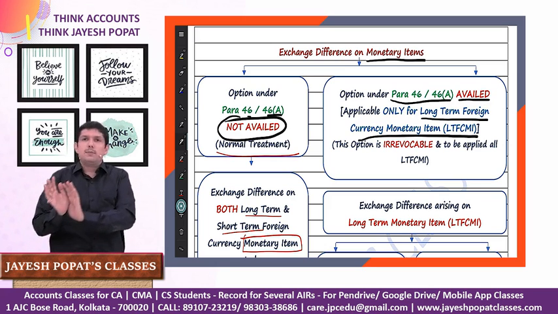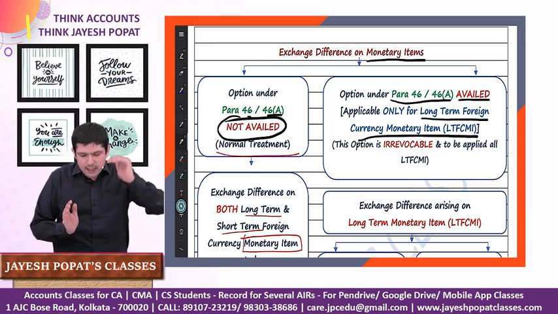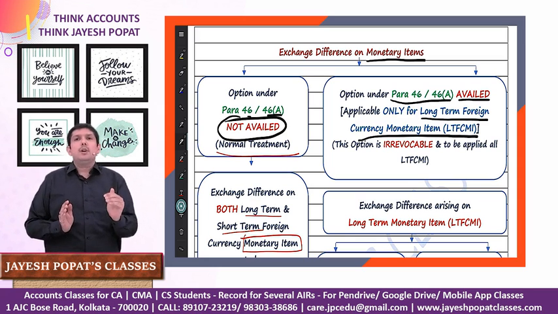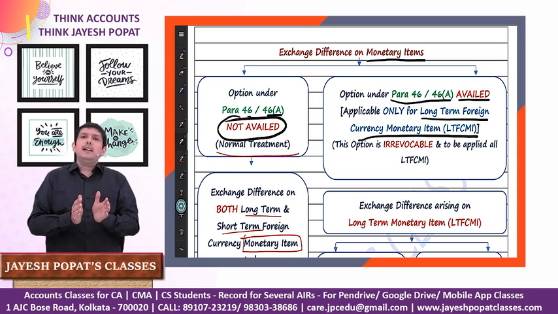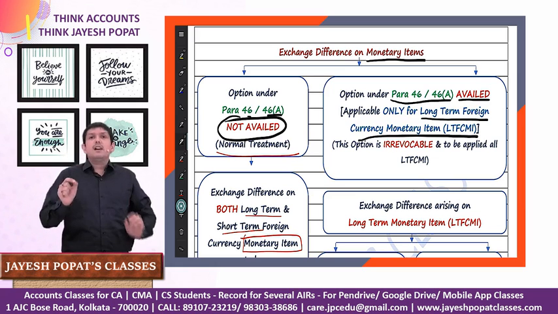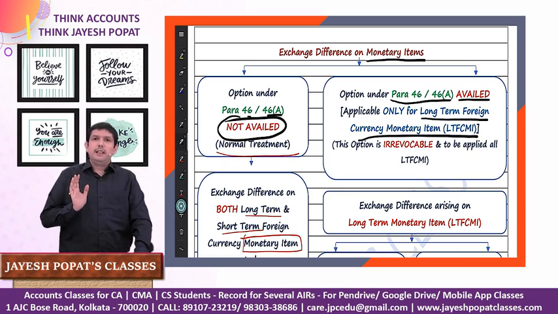So if you avail this option, it is available only for long term. If you don't avail this option, the normal treatment is that exchange difference on both long term and short term monetary item is to be taken to statement of profit and loss. For short term monetary item, it will always be statement of profit and loss, but if it is a long term foreign currency monetary item, please listen to this very carefully.